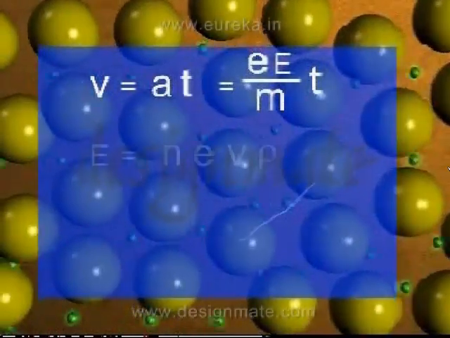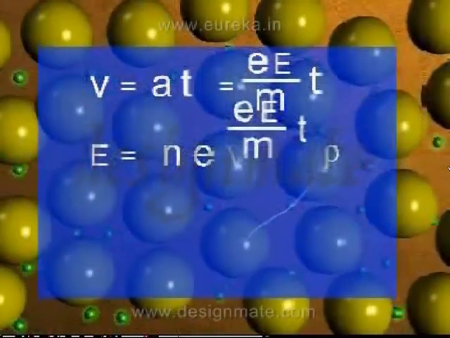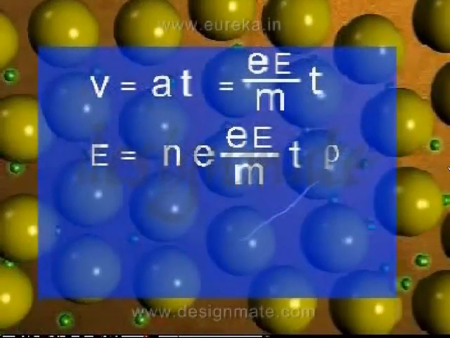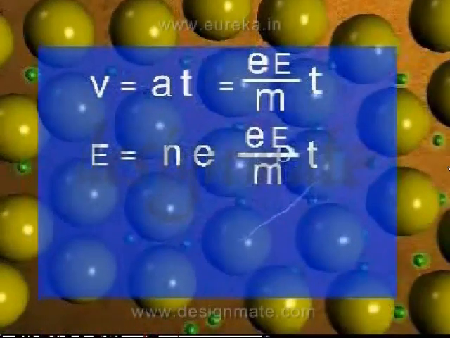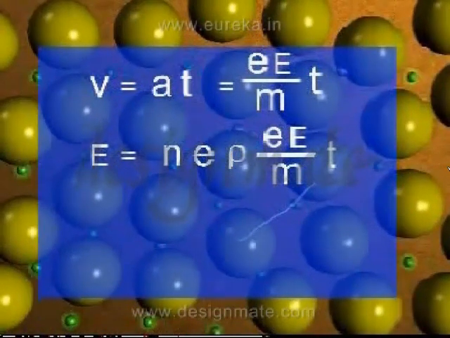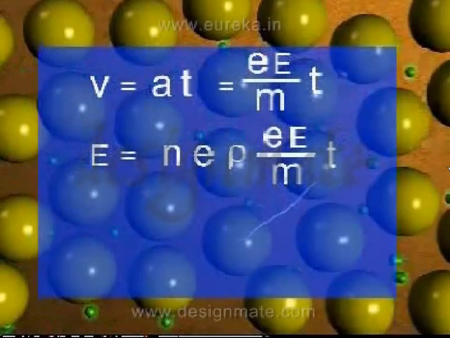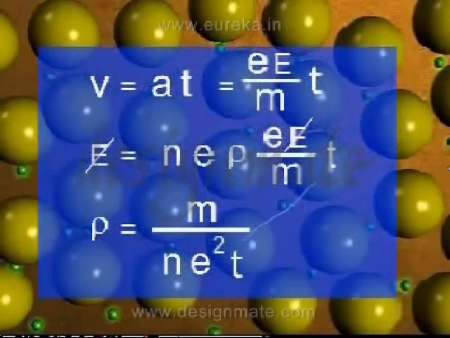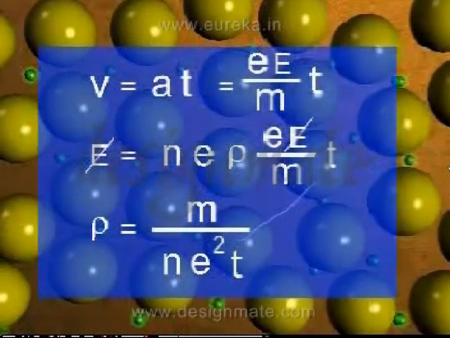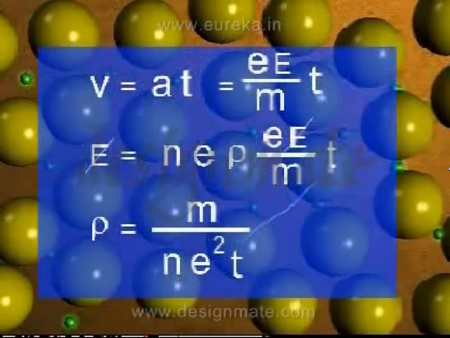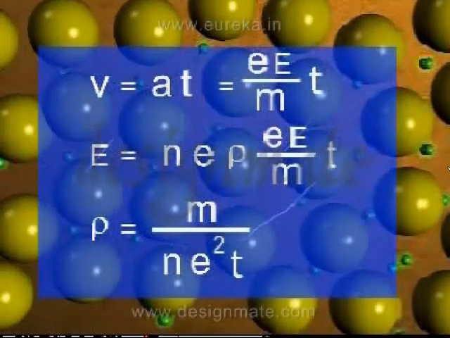Using the earlier equation, E is equal to n into e into rho into eE upon m into tau. Therefore, rho is equal to m upon n into e square into tau.